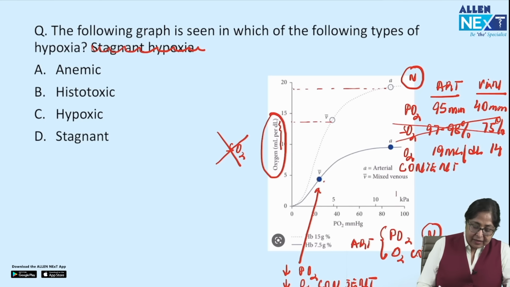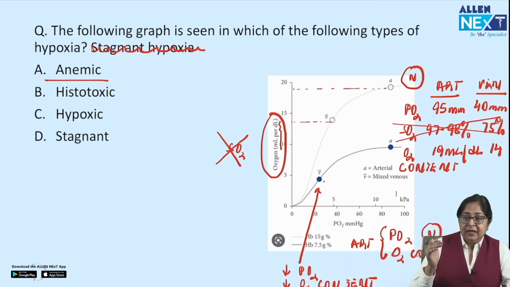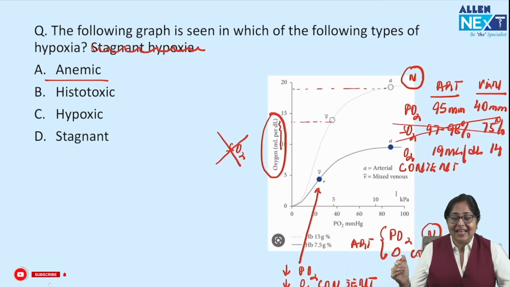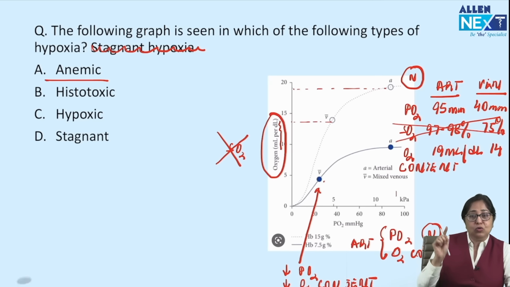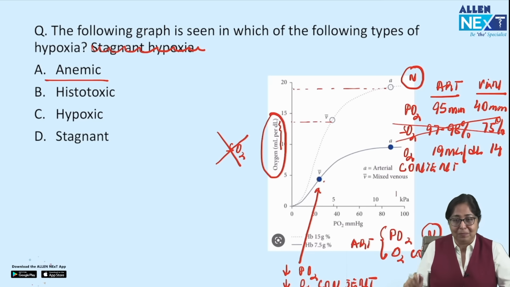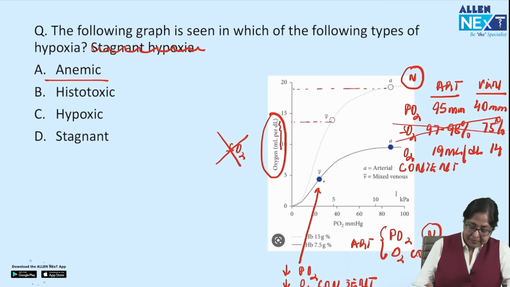Now, let's take these hypoxias one by one. In anemic hypoxia, there is a decrease in the oxygen carrying capacity of the blood, or a decrease in the oxygen content, but the arterial PO2 is normal, right? So it could be anemic hypoxia here.